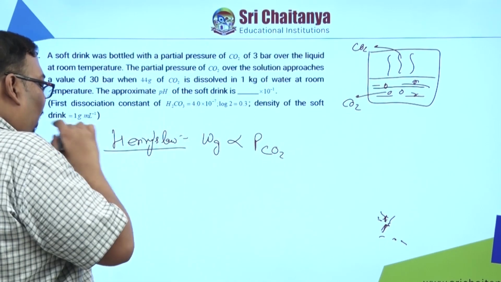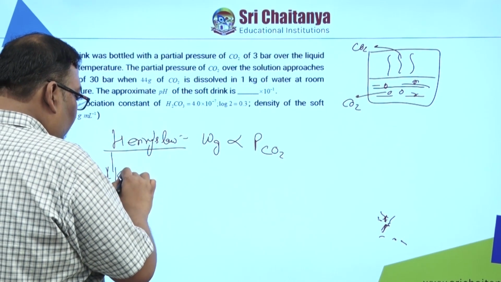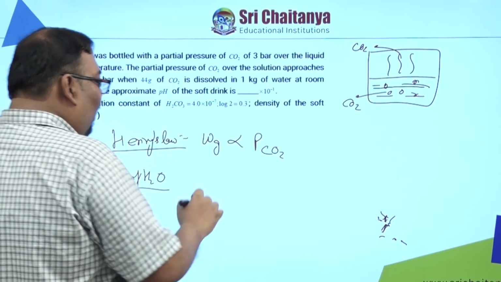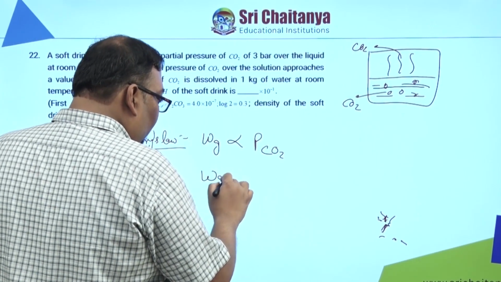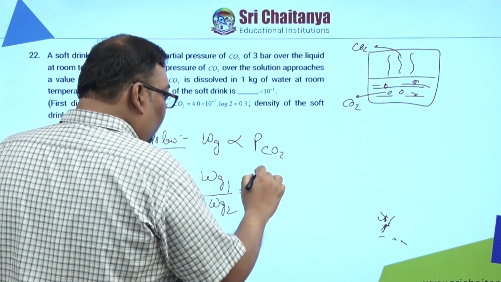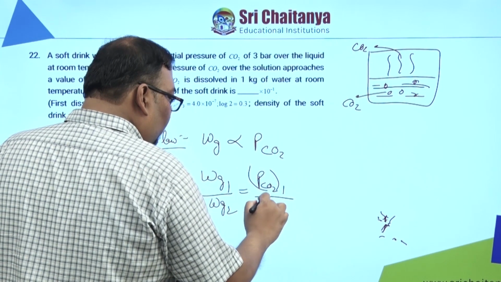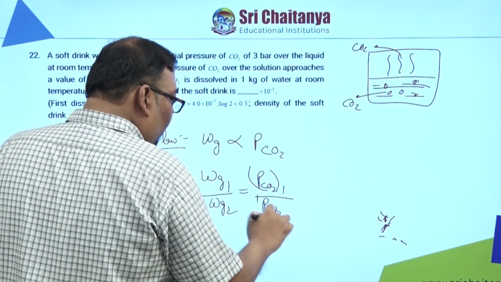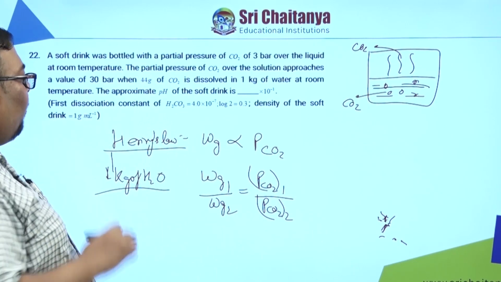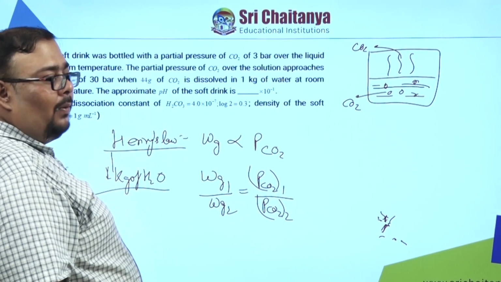Now if we are taking 1 kg of water, I can write Wg1 by Wg2 equal to pressure of CO2 in the first case by pressure of CO2 in the second case. Now it is given that when your pressure is 30 bar, you are able to dissolve 44 grams of CO2.